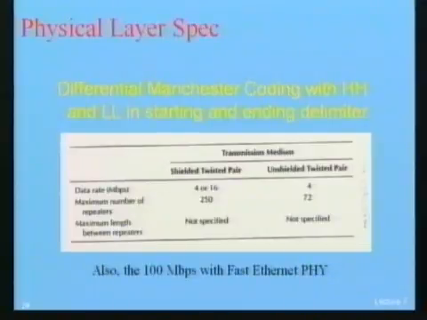In here, you have some bits which are just high or low, and you can use them for signaling. For example, for the start delimiter and the end delimiter, to start and end the packet, you can put things which are not Manchester coded. They are just high or low. That's one of the differences. But other than that, physically it looks very similar.